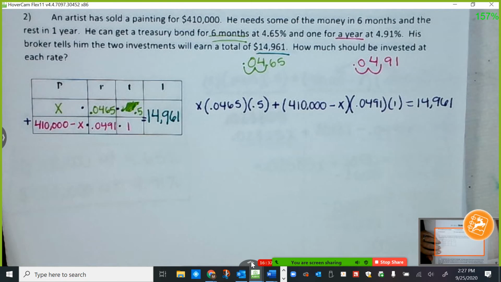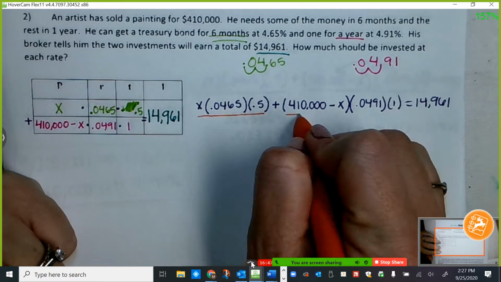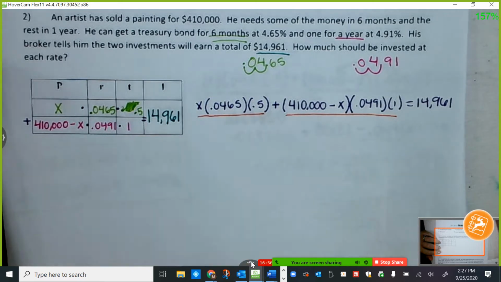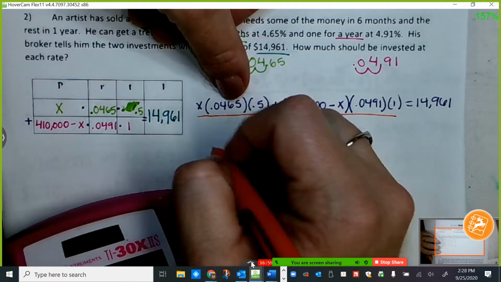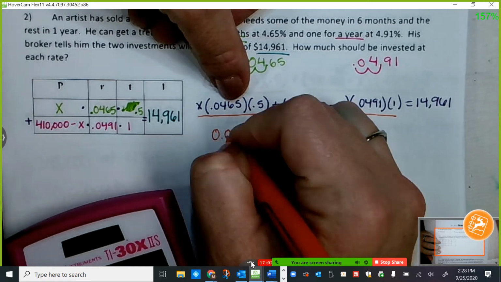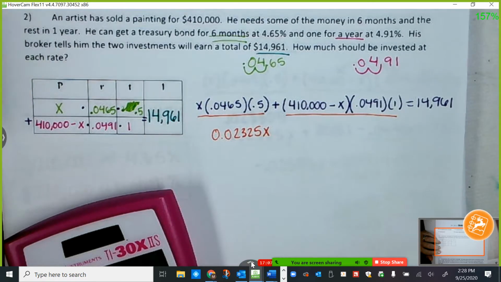What do we do first? Not combining yet. We have to simplify each term first. So what is 0.0465 times 0.5? And don't forget your x because that's being multiplied as well.